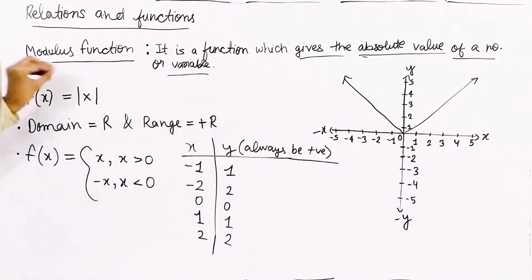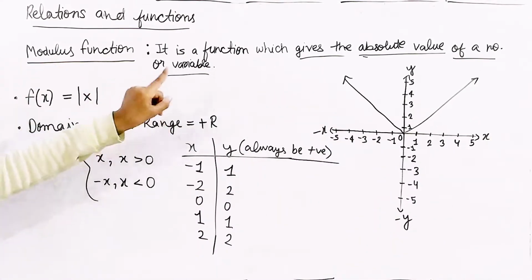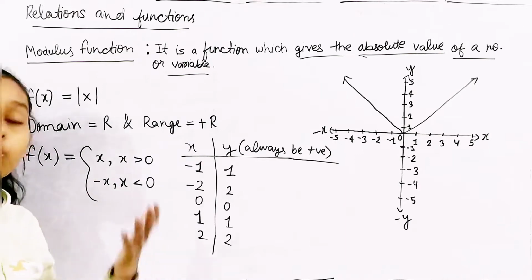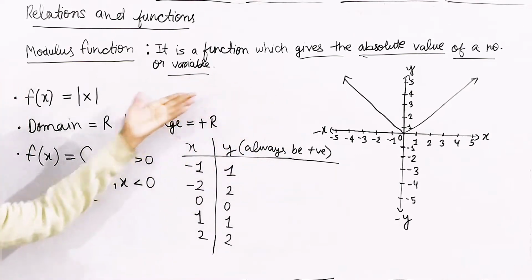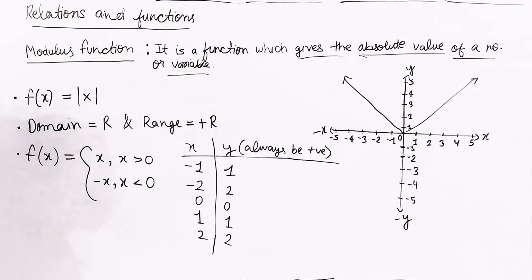So it's just a function which gives us the absolute value of a number or the variable we're having right now. Just have a look at the graph and all the things about the domain and range. It should be clear to us.